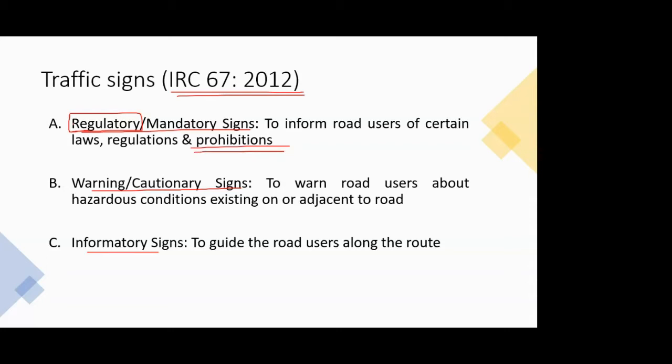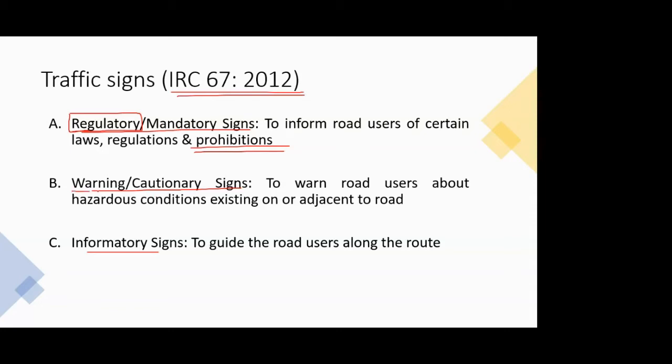If you do not follow the regulatory signs, you are bound to get legal action upon you, or you will be subjected to some fine. So you need to know what a regulatory sign is first. We'll come to that later.